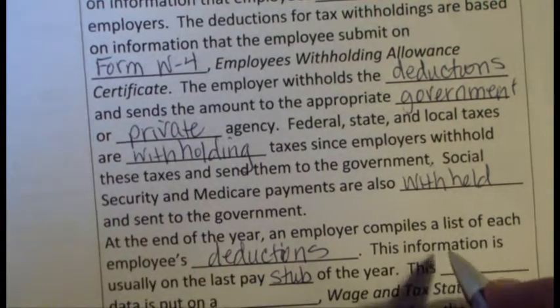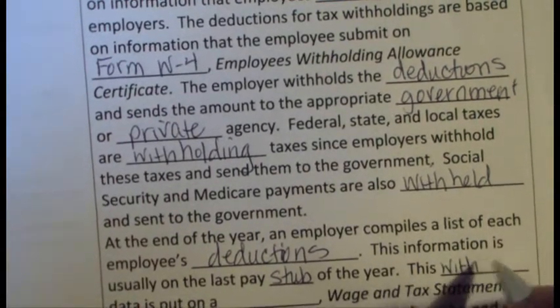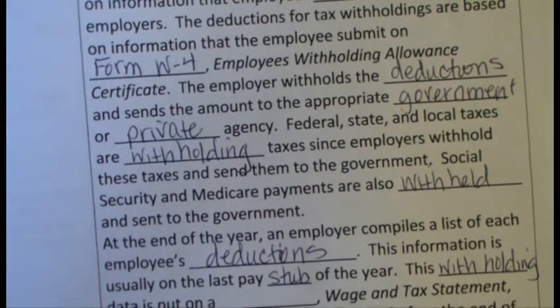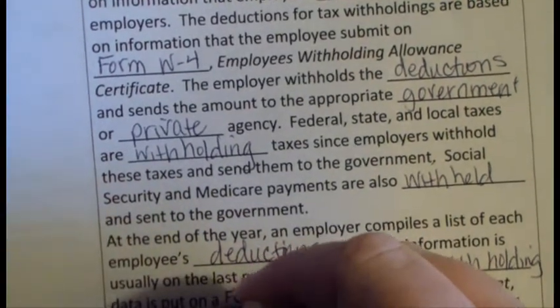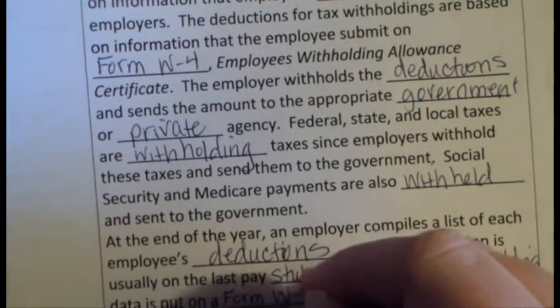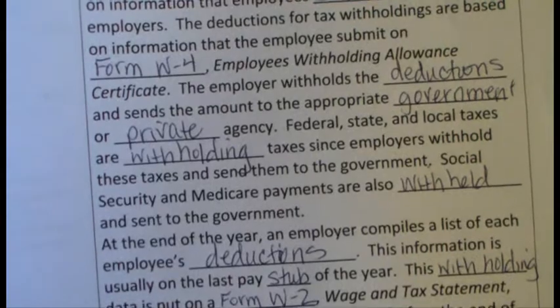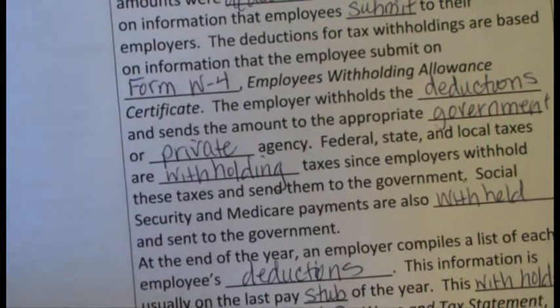This withholding data is put on a Form W-2, wage and tax statement, which must be given to each employee before the end of January.